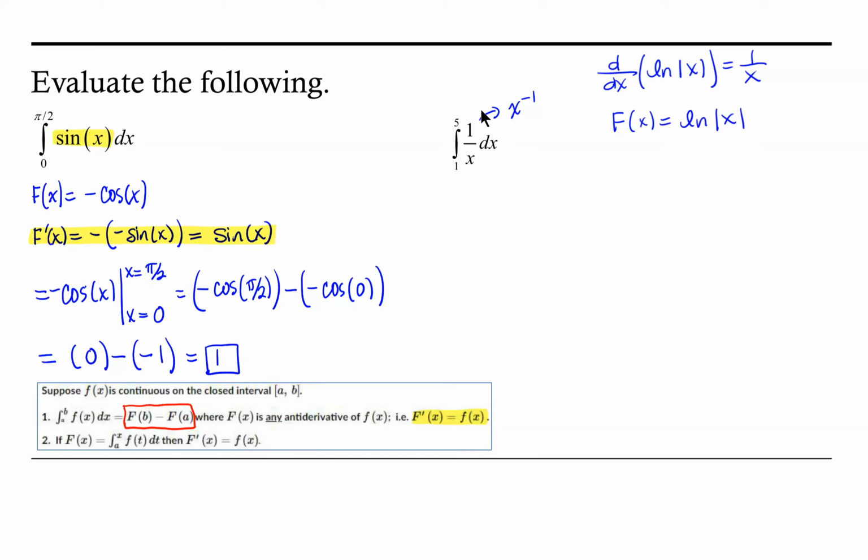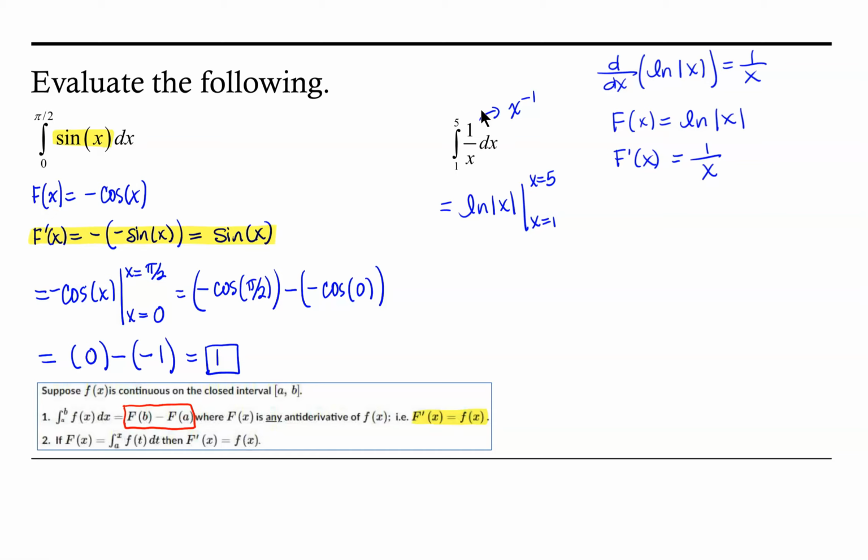With this as our antiderivative, we can verify that the derivative would be, in fact, 1 over x. So having found our antiderivative, we can say that this is the natural log of the absolute value of x, evaluated from x equals 1 up to x equals 5.